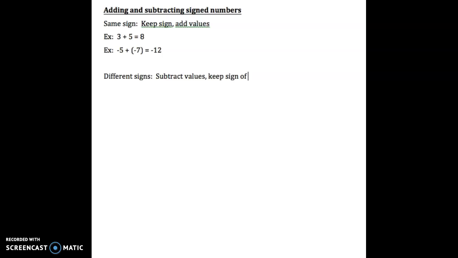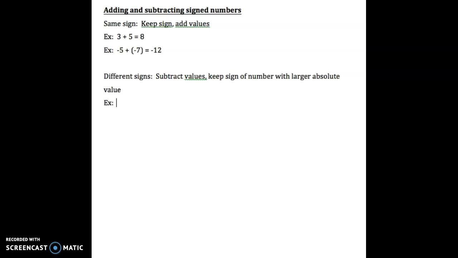So the one that's farther away from 0, the one with the larger absolute value. If you're teaching little kids, maybe you don't want to necessarily say it that way, but we want to keep the sign of the big one.